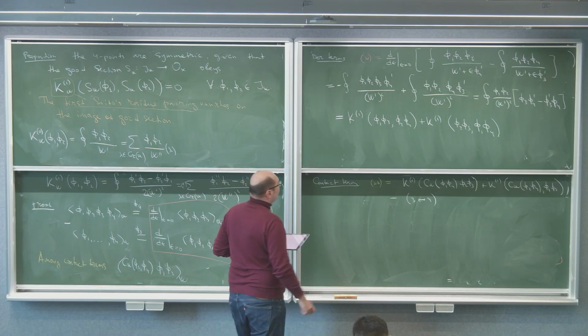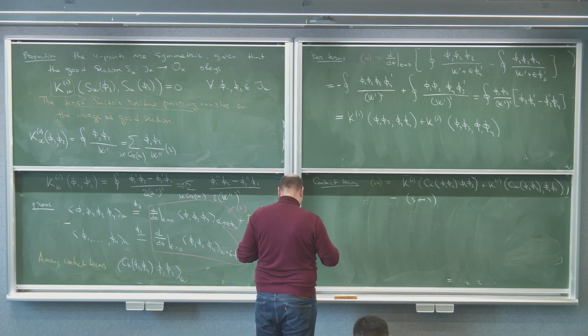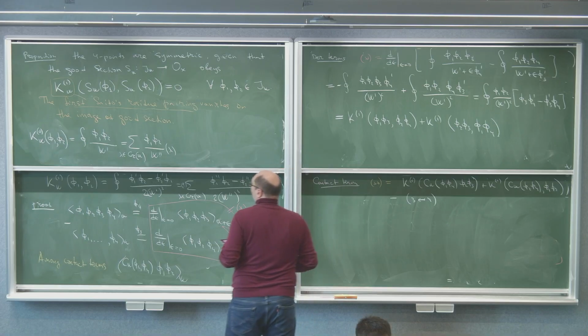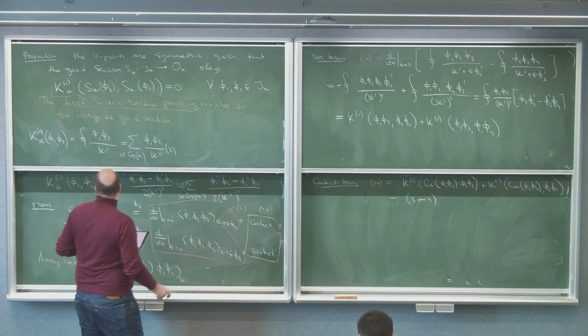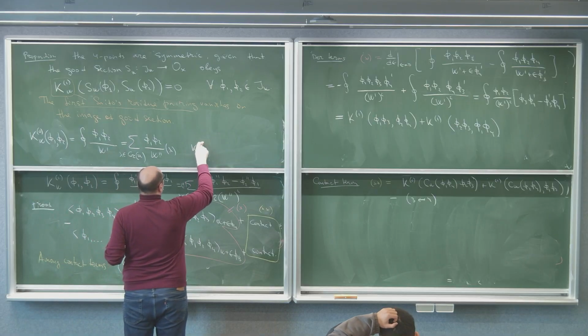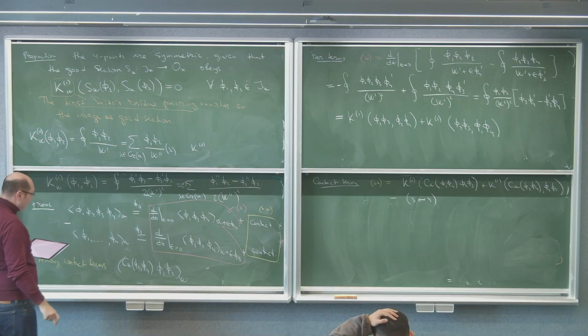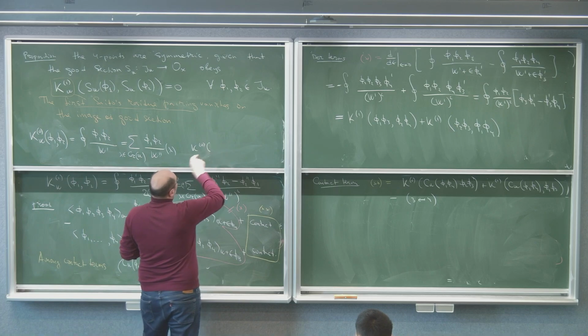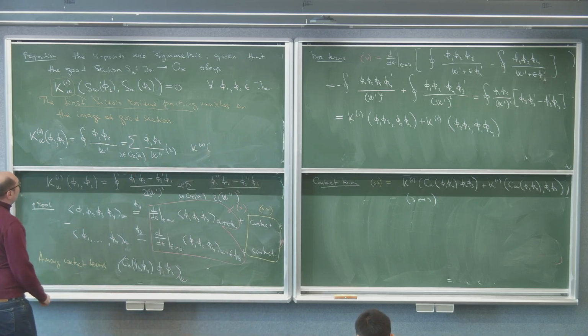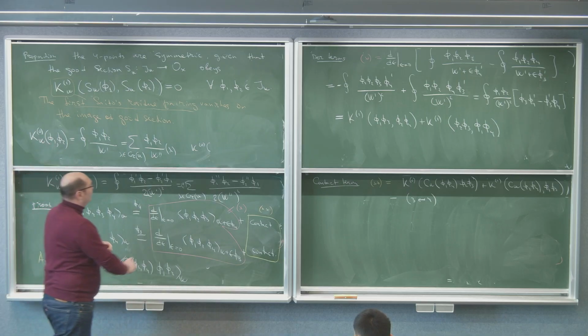Now let us notice the following properties of K naught. K naught was related to this residue pairing, and therefore it has a similar property to what we observed for the 3-point function: K naught is really defined on classes. It only depends on the classes of phi1 and phi2.